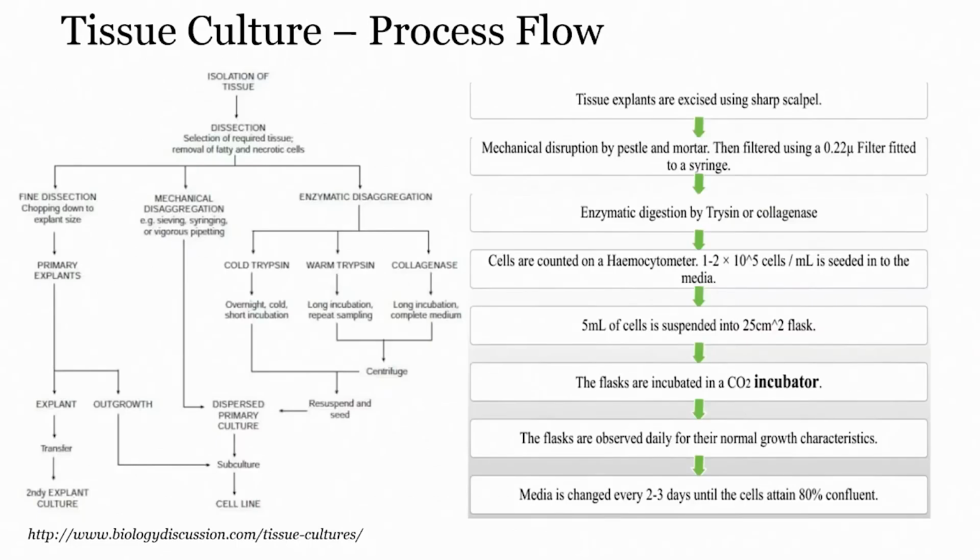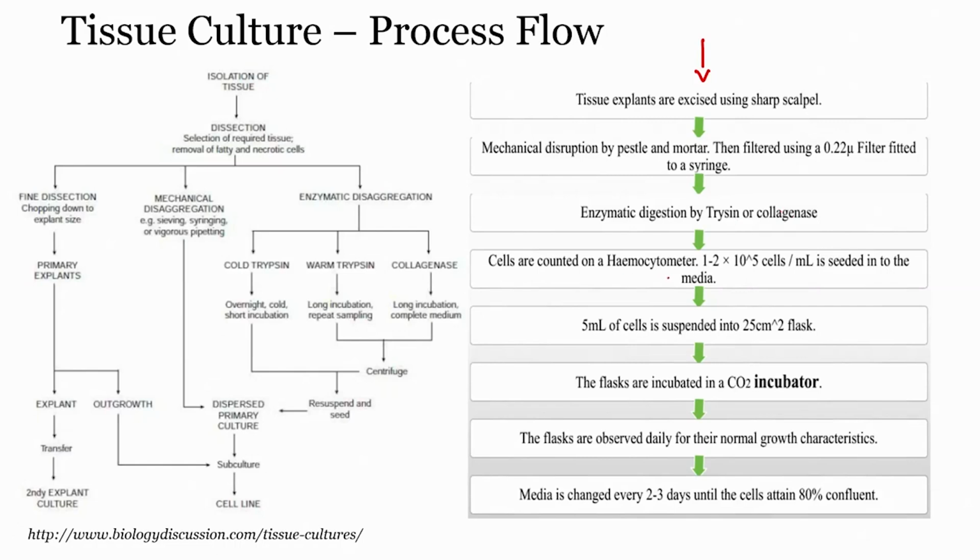right. So, this is how the tissue culture process flow is, that if you go here, let us see here, right side, tissue explants are excised using a sharp scalpel, and then mechanical disruption by pestle or mortar, right. This we have also seen in the drug screening device, right. Then the filter using 0.22 micro filter using a syringe, then enzymatic digestion by trypsin, it can be trypsin or collagenase.